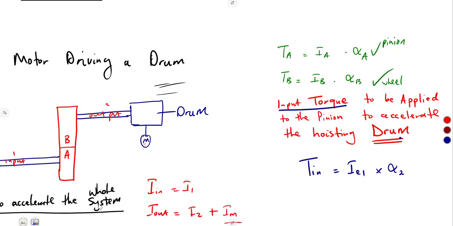So you affect to the output. Just like that. It is the equivalent moment of inertia that is referred to the input that is going to be used.